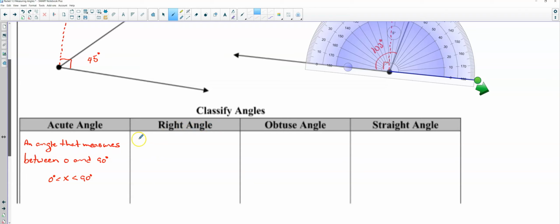Okay, a right angle is an angle that is exactly 90 degrees. So if that angle is equal to 90 degrees, then that is a right angle, okay?